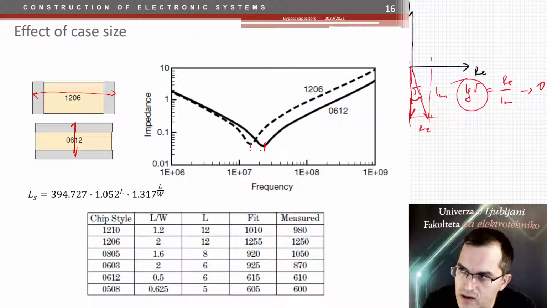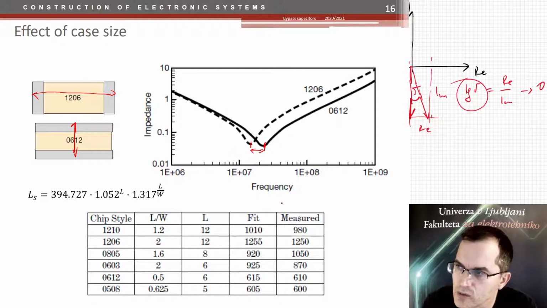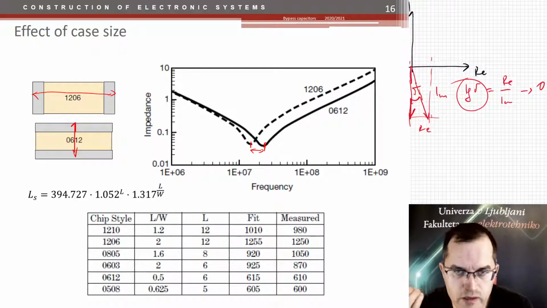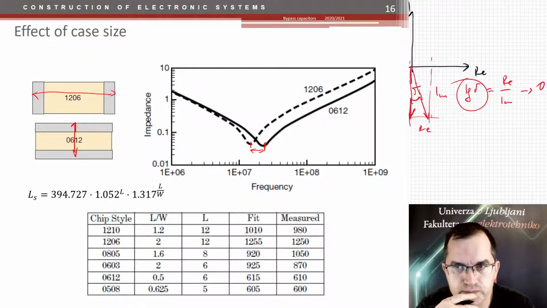So that's quite a lot. And calculating the series inductance out of it, you would get almost 1 nanohenry for 1206 or even more, and half of that for 612. See? So of course, you prefer wider and shorter case sizes for lower inductance.